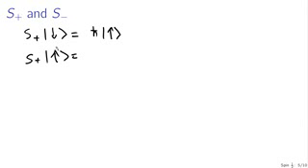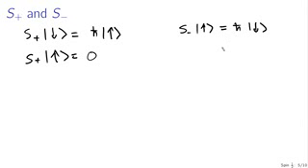We can't raise the up state any higher than it already is. This gives us 0. Similarly, S minus acting on the up state lowers it to the down state with the same proportionality constant, ħ, and S minus acting on the down state, we can't lower it any more than it already is, gives us 0.